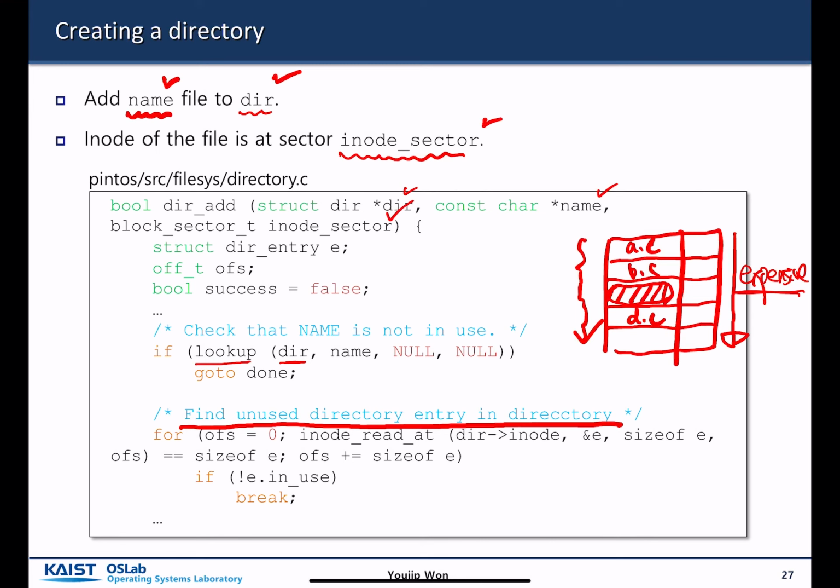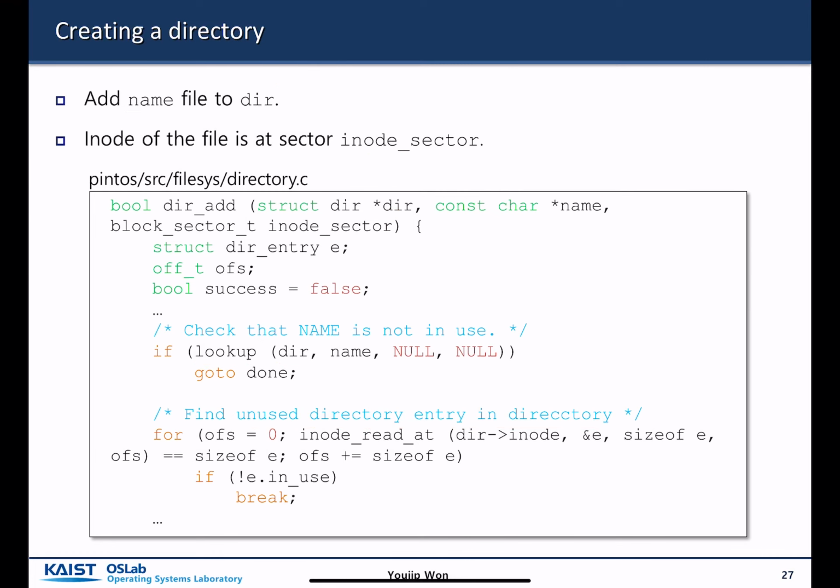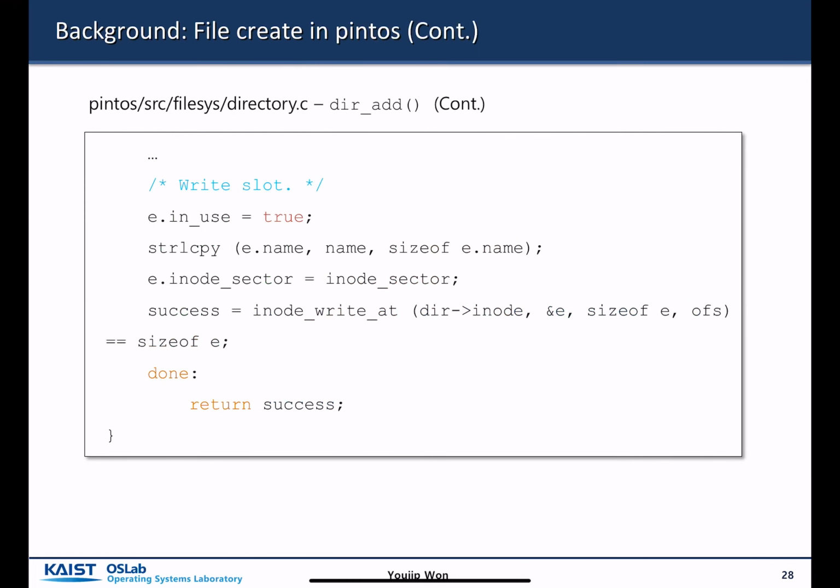Every time you create a file, you cannot linearly scan all the directory blocks to find empty spots. It is going to be very, very expensive. You might want to use a more sophisticated data structure for creating a file, especially for finding empty spots in the directory block. So this is how we create the directory entry.